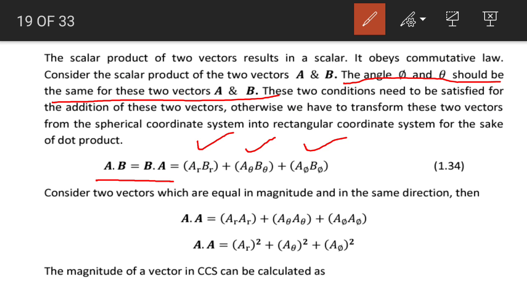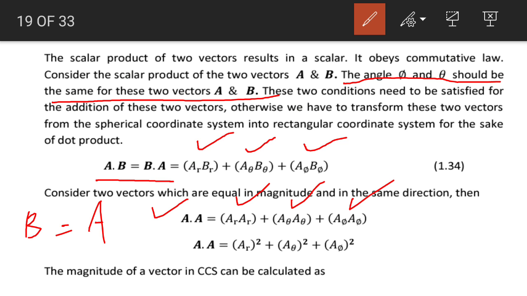Okay, let's say that vector b is equal to vector a. Then a dot b will be equal to a dot a, and it will be equal to ar into ar plus a theta into a theta plus a phi into a phi.